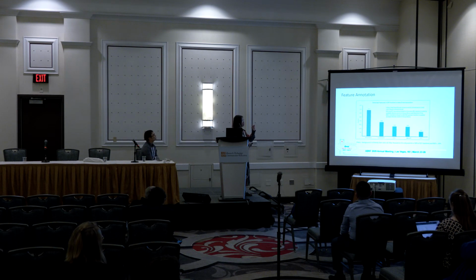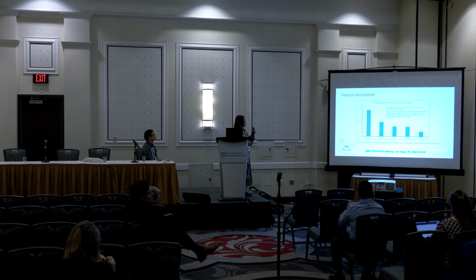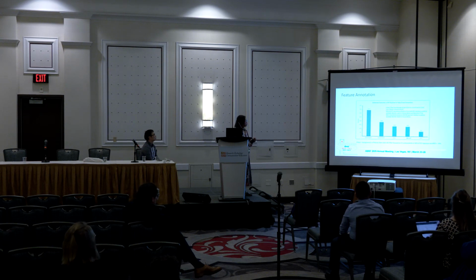Then I check whether it matches criterion 3 or not. Criterion 3 is the MS2 spectrum match. From here you can see I have 629 high confidence features. Some of these 629 features are lipids, some are small molecules.